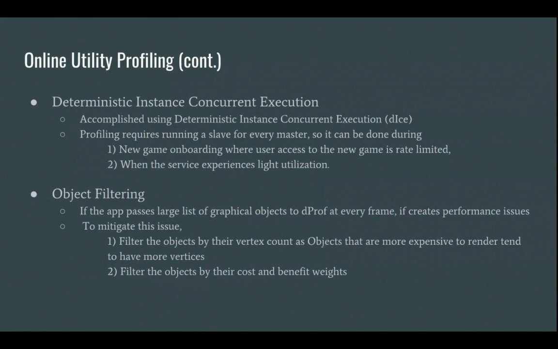The more the number of vertices, the more important the object is going to be. So any object that has lesser than the threshold value of vertices is going to be pruned. The next type of filtering is based on the weights of the costs and benefits. So the second level of filtering is needed because vertex count filtering alone might not be able to prune too many objects. So this way we are reducing the load on DPROC.